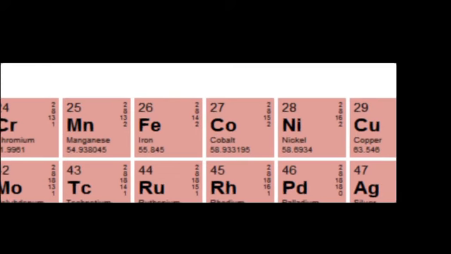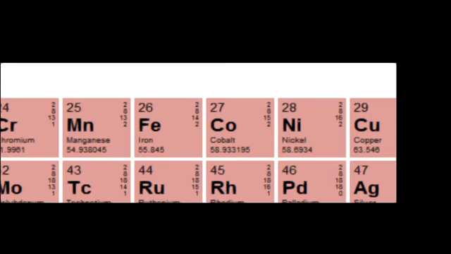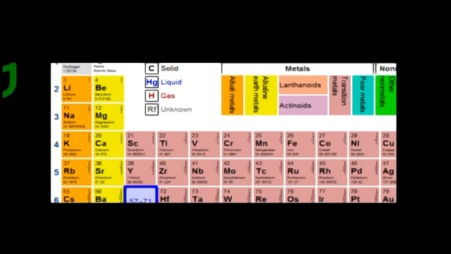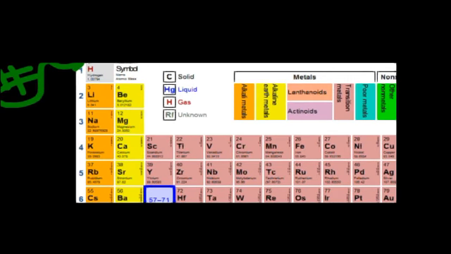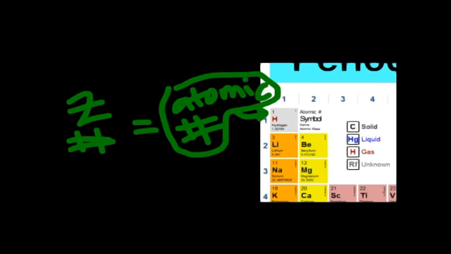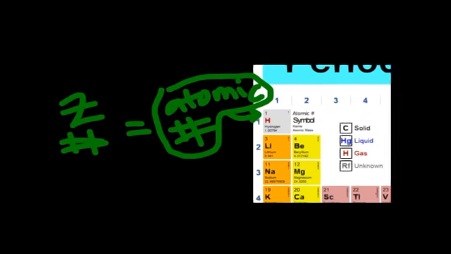You can see that cobalt has a higher atomic mass than nickel, but its position in the periodic table is before nickel. So what that brilliant guy saw was a pattern that we shouldn't use atomic mass. Instead, we should use proton number.